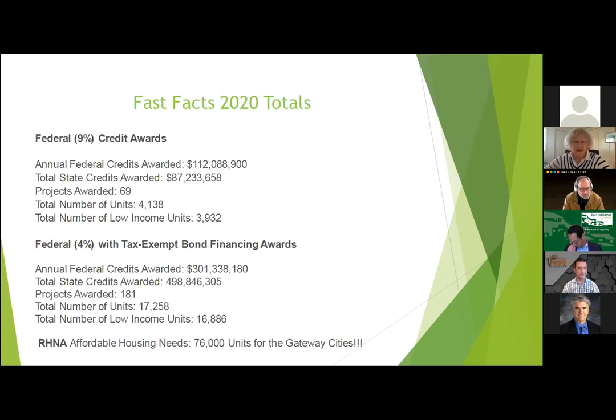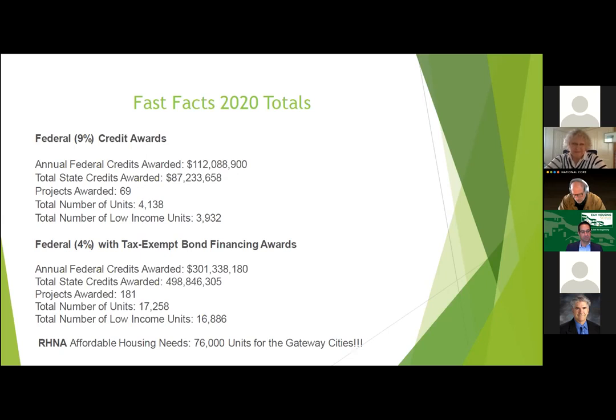What I wanted to do is very quickly set a little bit of the context. Now that you've heard some of the challenges that we're facing, if you take a look at this slide and you look at how many units are produced using the primary tools that we have in the state of California, on average, it's about 20,000 units a year statewide, using both the 4% and 9% tax credits, which are primarily leveraged by private debt and local sources.